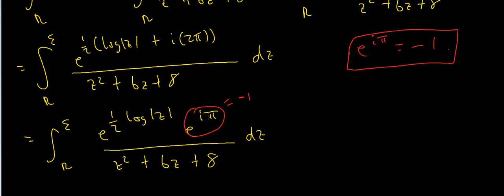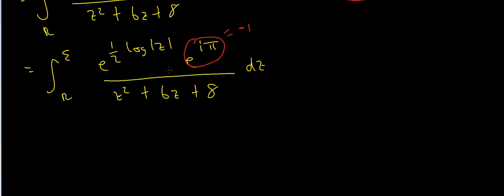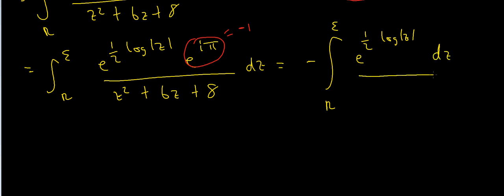Well, it lets us basically get rid of this term and put a minus sign in front of the integral. So that's equal to minus the integral from r to epsilon of e to the 1/2 log of the modulus of z dz, all divided by z squared plus 6z plus 8.